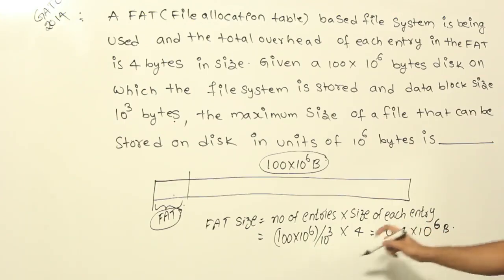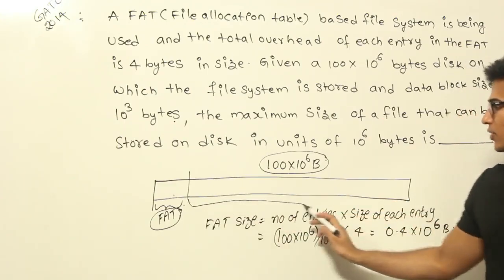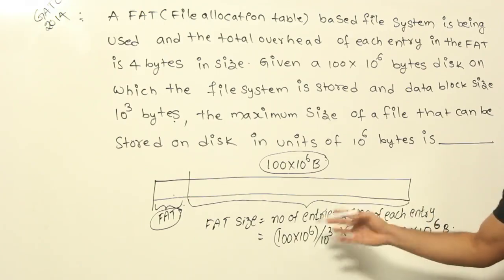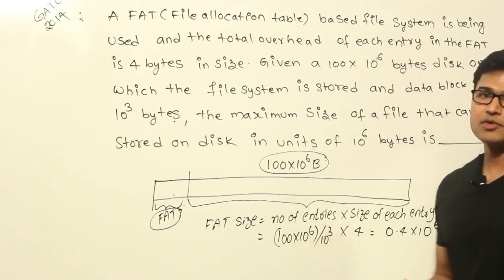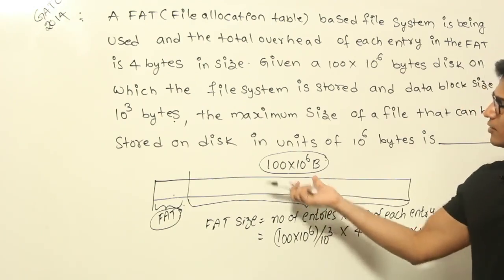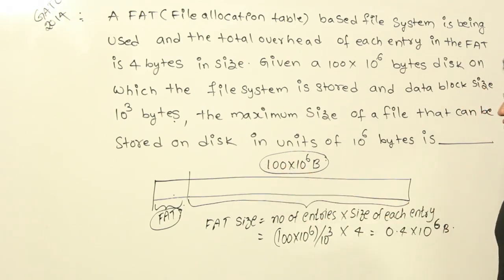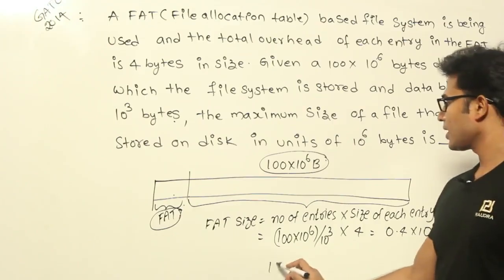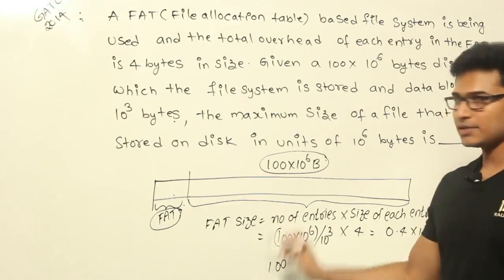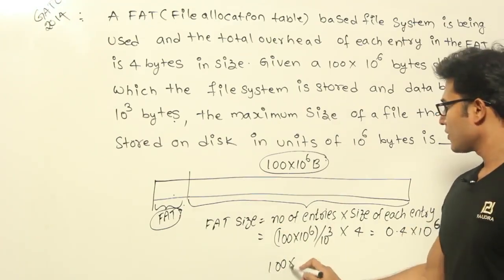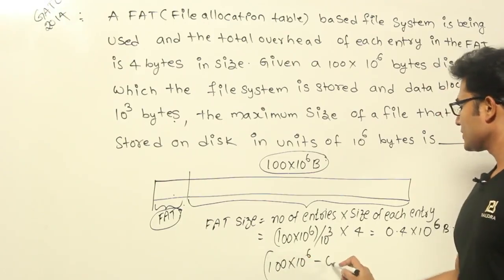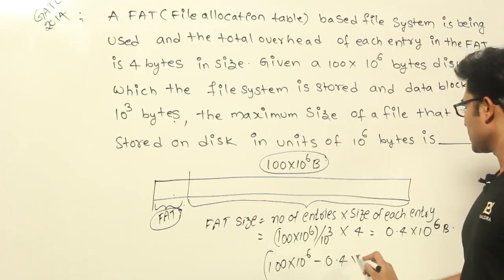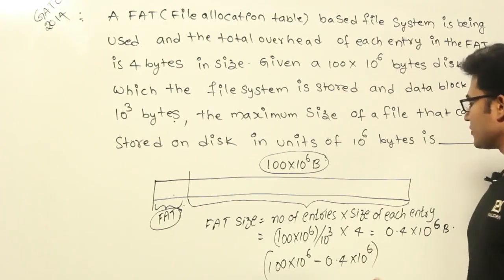Therefore, how much space will be available for a file to be present? Even if a file is very big, it cannot go beyond the space available, right? Now what is the free space available after allocating the space for the FAT? It is the total size of the hard disk minus the space consumed by the FAT table.